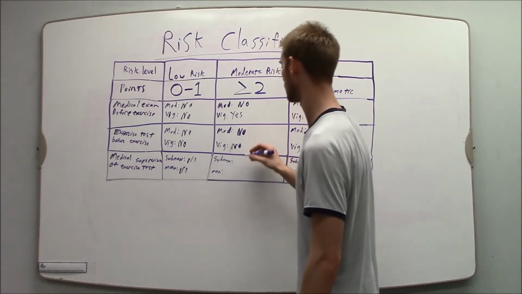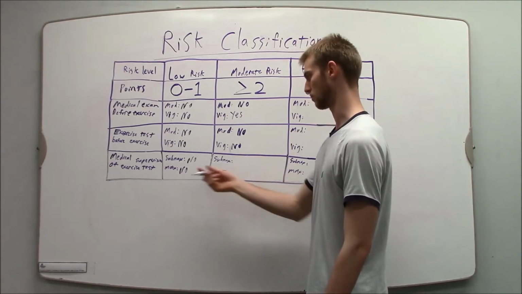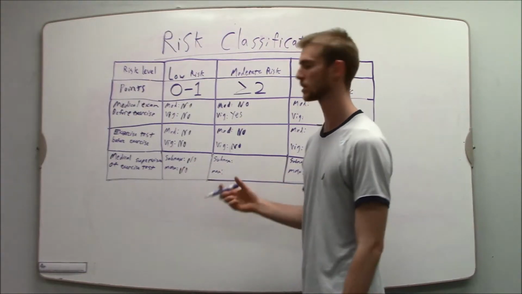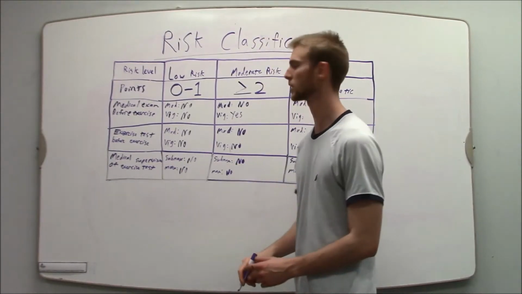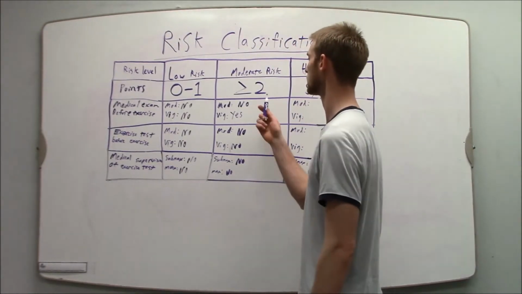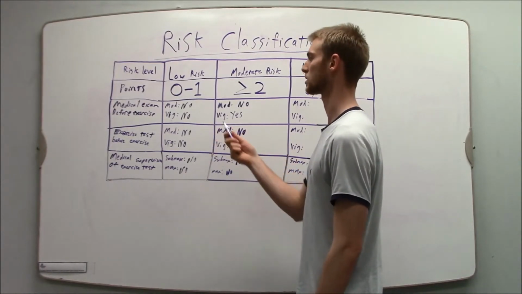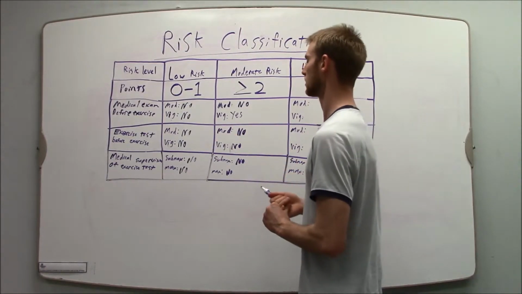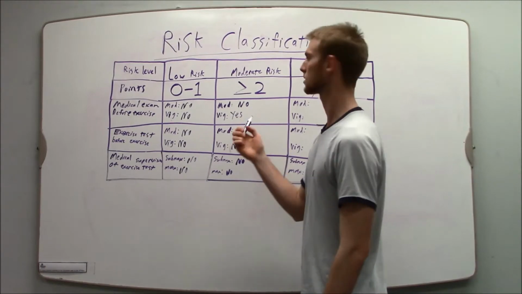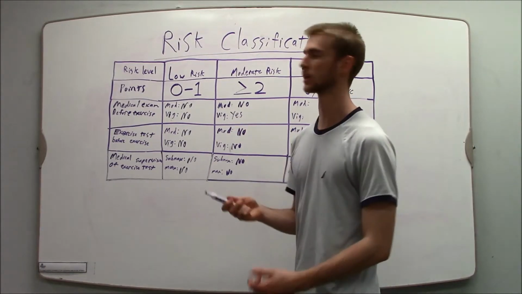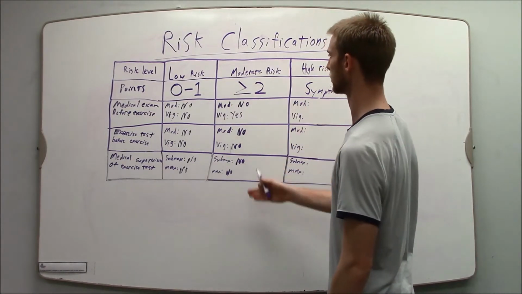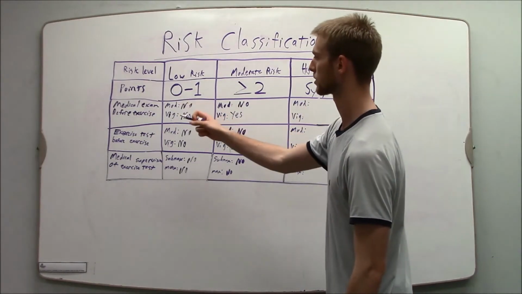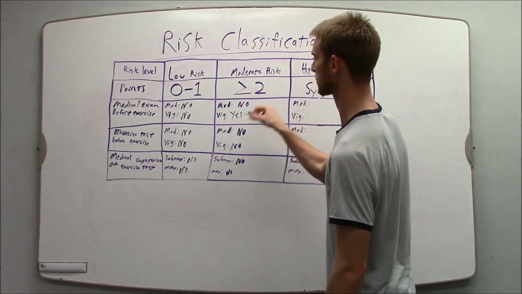Do they need to have a submax or a medical supervision of an exercise test? Nope, doesn't matter if it's a submax test or a maximal test. The only thing that you need a medical exam for is vigorous exercise. You just need a medical exam before they can start that. And that's for moderate risk people. Everything in low risk is no. The only thing in moderate risk is medical exam before exercise, vigorous exercise, yes.